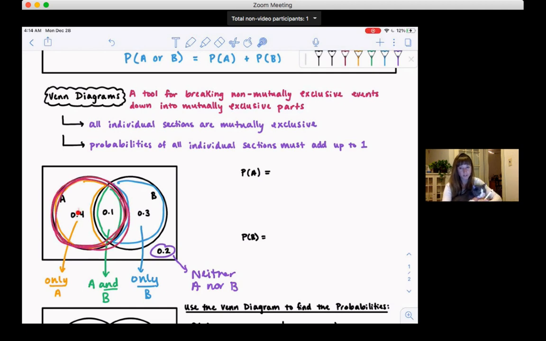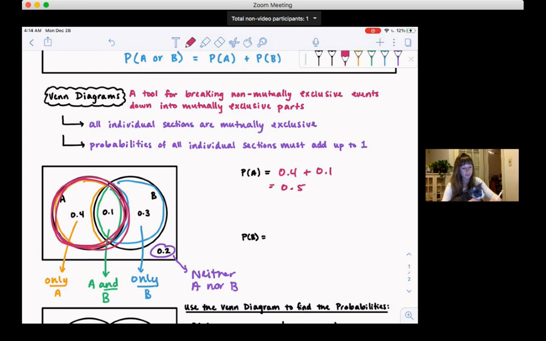A happens here, and it also happens here. So the probability of A is going to be 0.4 plus 0.1, and we know we can add them because they're mutually exclusive. Altogether, the probability that A happens is 0.5, or half.